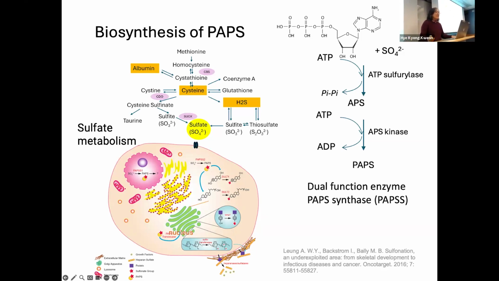It's a dual function enzyme called PAPS synthase that is located in the cell nucleus or cytosol. Then the sulfate from PAPS is transferred to other endogenous biological molecules, such as lipids, carbohydrates, or proteins, by a group of enzymes called sulfotransferases.